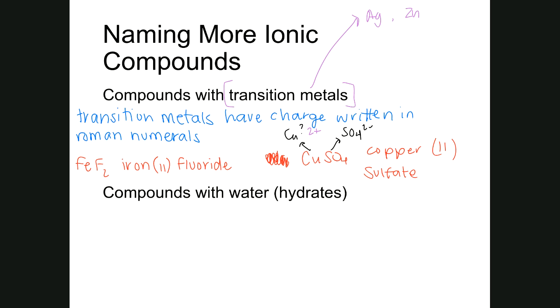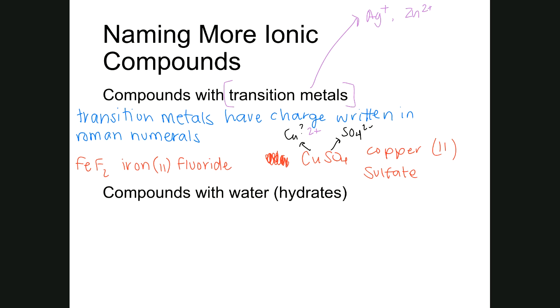Transition metals are special because they have multiple charges, but silver is always going to be a +1, and zinc is always going to be a +2. They are in the transition metal section of the periodic table, but they always have the same charge. So you don't need to say silver(I) or zinc(II) when you're dealing with those compounds.